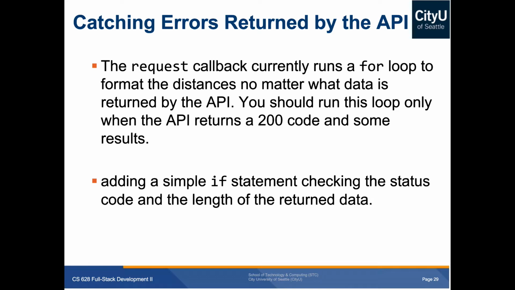No matter what data is returned by the API, you should run this loop only when you get a 200 code. That's why it's important for the API server to send back the correct response code, because what if the location was not found, but it still threw a 200? Again, it would mess up the logic for other applications communicating with it, right?